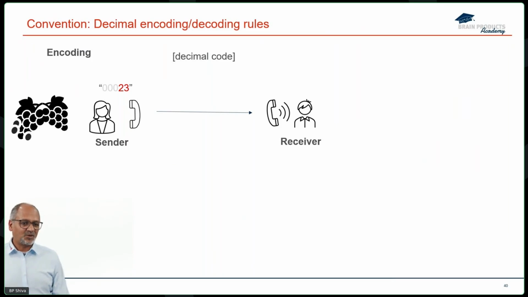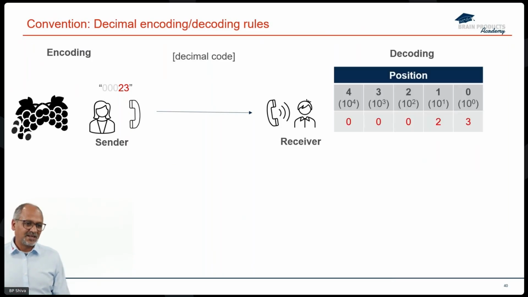Now, how can we know that the receiver actually understood this information? An easy way to think about it is that they need to decode this information, and if they can build up a pile of coins or marbles corresponding to the number they heard, and that corresponds to the number of grapes, then they have correctly understood the information that has been received.